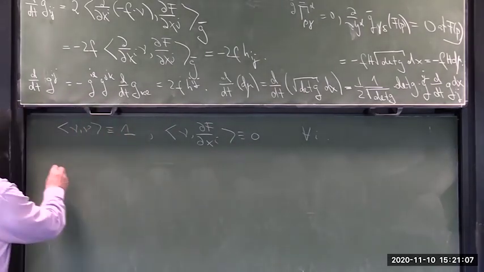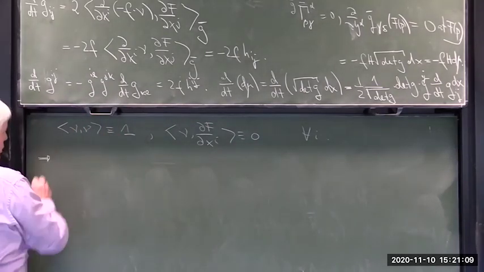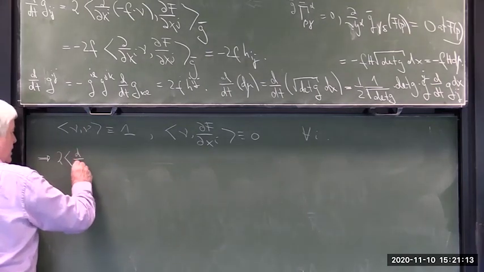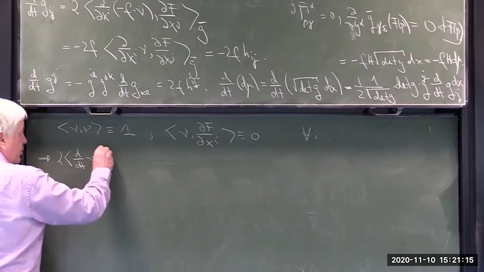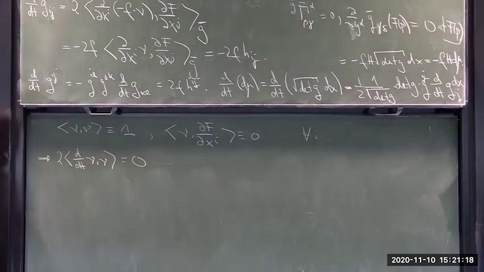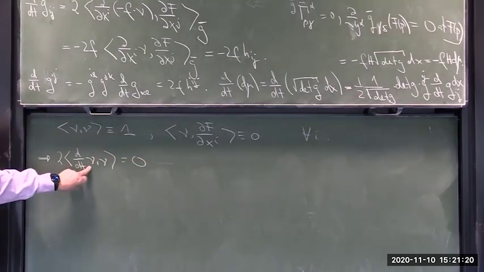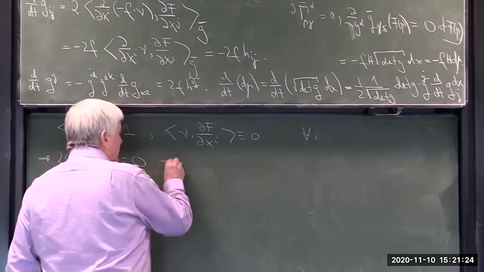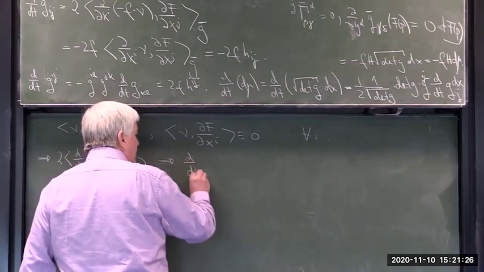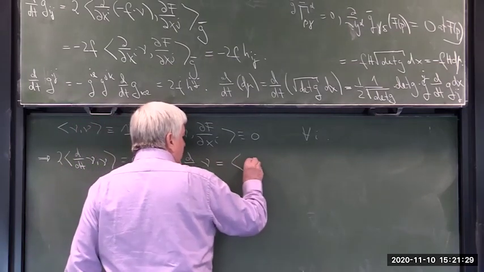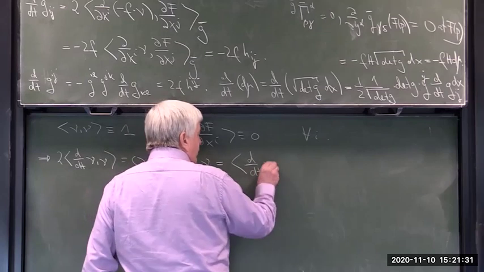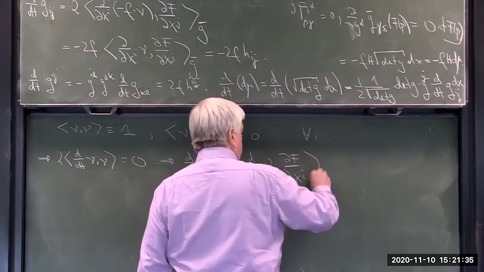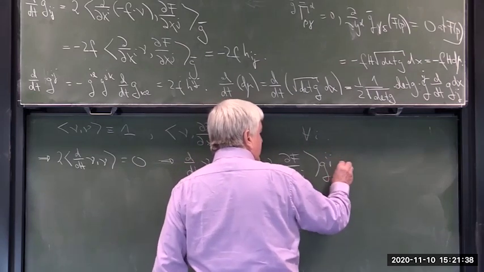This allows us in the first instance to conclude that 2 times ddt nu times nu is equal to 0, which means that ddt of nu just has tangential components. So this means we can decompose ddt nu as a sum of tangent vectors. We can decompose it like this.